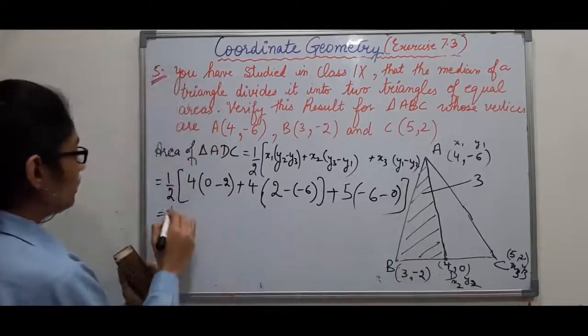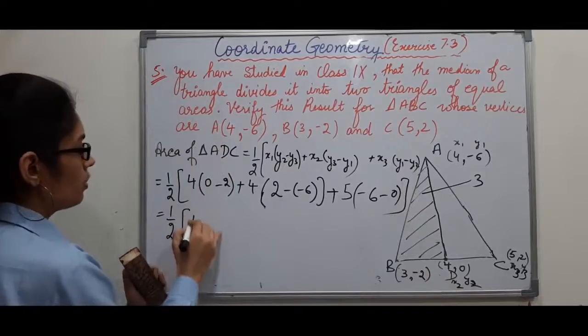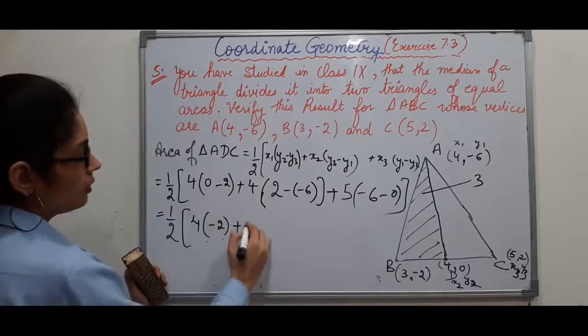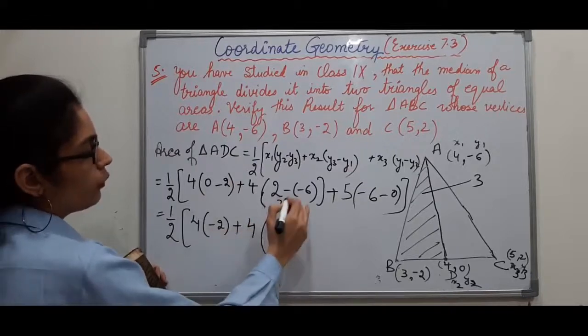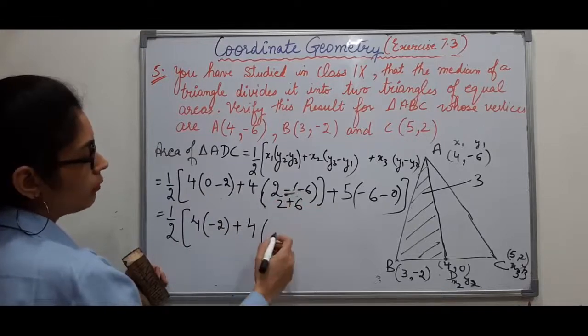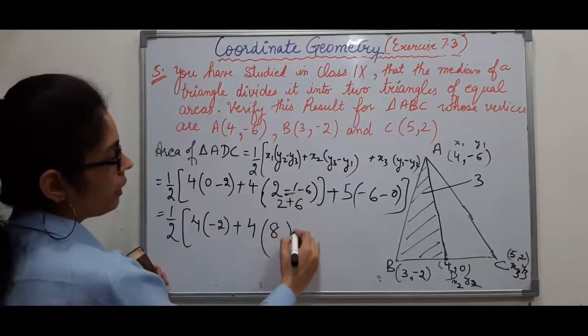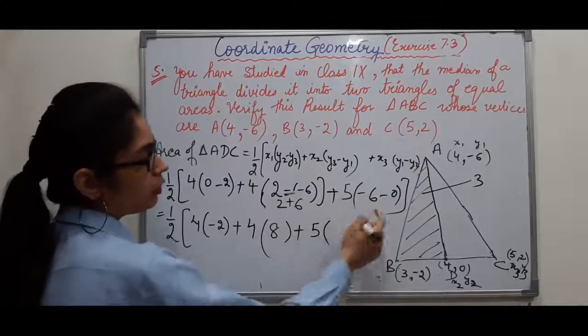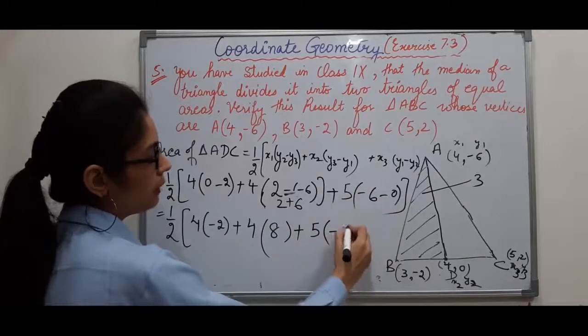Let's solve it. 1 by 2 into 4 into 0 minus 2 it will be minus 2, plus 4 into two minus signs together it will be changed into plus sign. So 2 plus 6 it will be 8, 4 into 8, plus 5 into minus 6, because minus 6 minus 0 it will be minus 6.